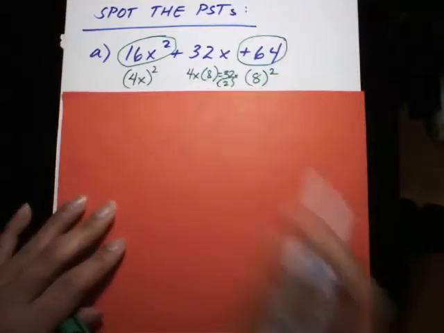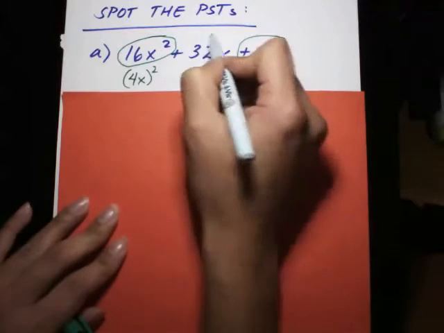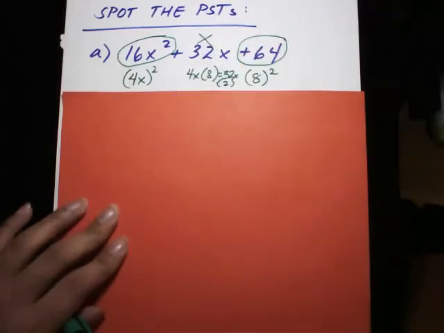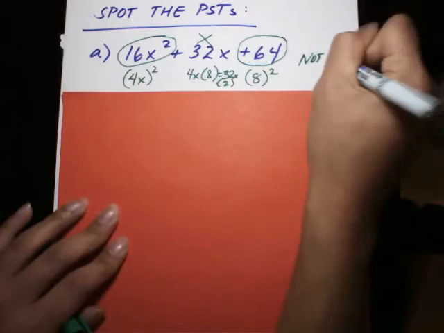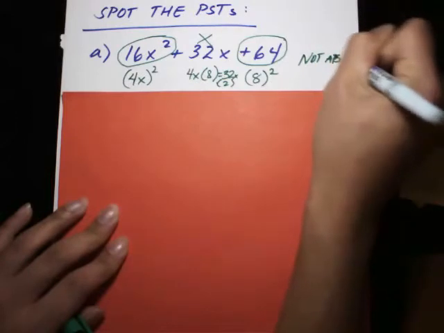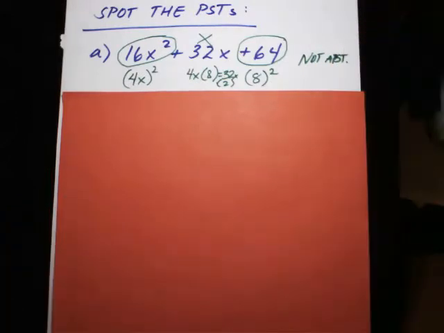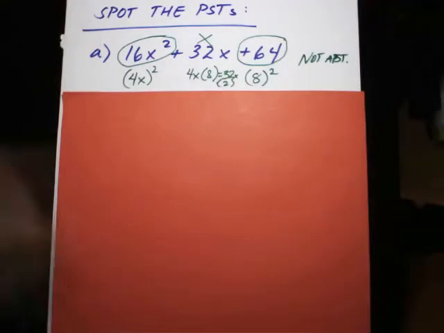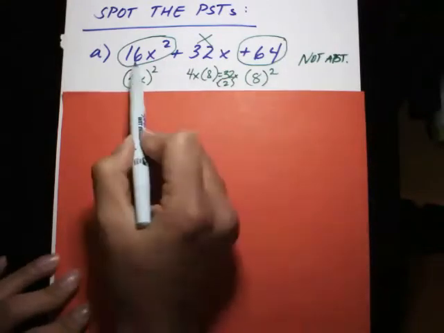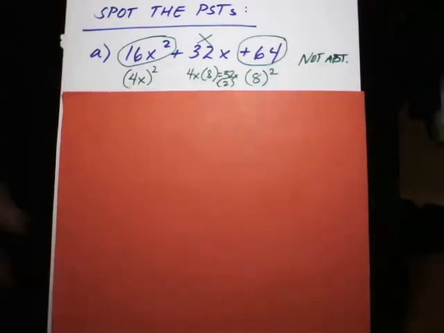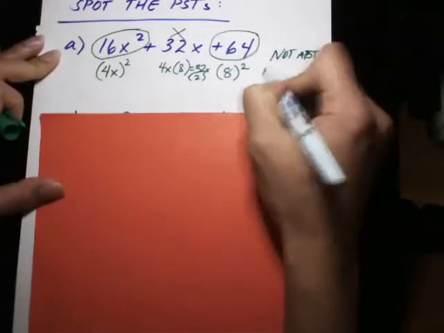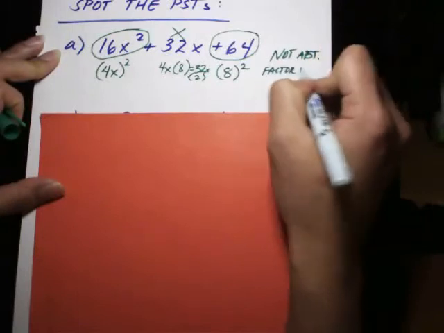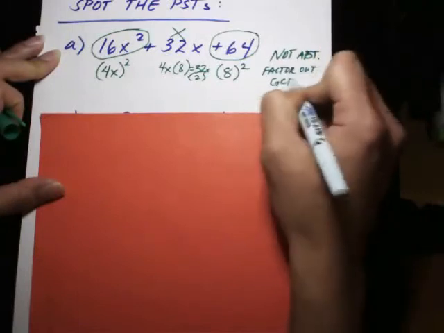I'm supposed to have 64x, but look here, it does not match up. So this is not a PST. It can still be factored because these are all even numbers, but we just want to make sure that you can spot the PST for now. So let's just say not a PST, but remember to factor out a GCF.